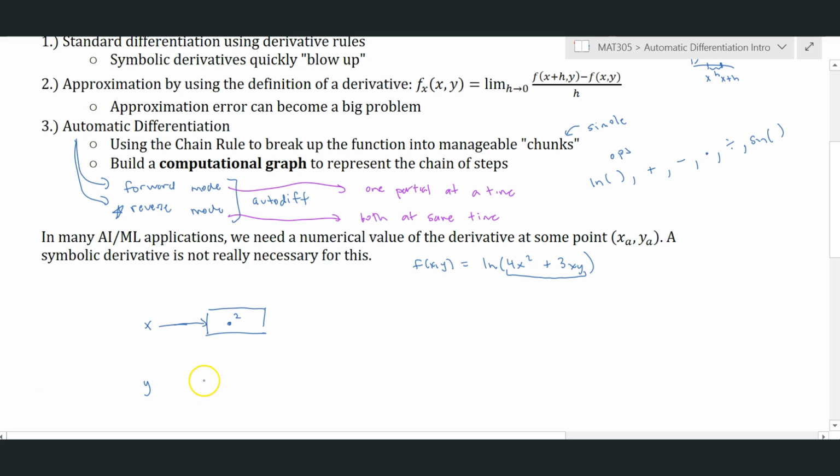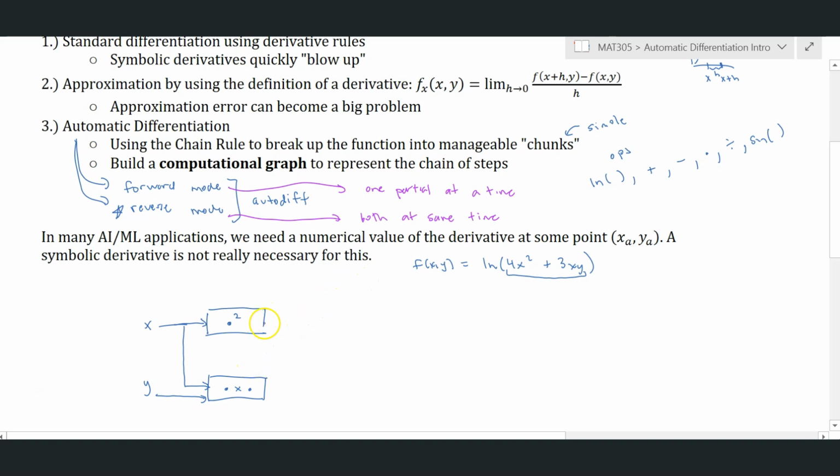Then for that other term, the 3xy, the first thing that's going to happen there is you're going to have a product of x and y. So we're going to have a multiplication of the two inputs. And so maybe I'll just draw off a branch like this, and then y also comes in there. They get multiplied together.